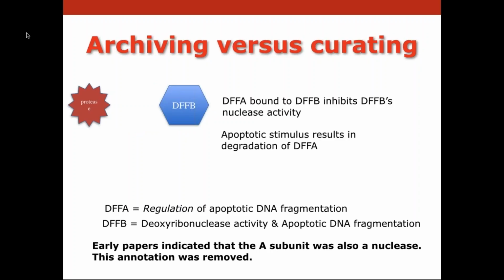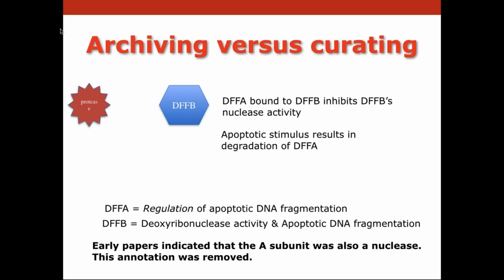Okay, so this is not a very complicated mechanism of regulation. So the A subunit is involved in regulation. The B subunit is a nuclease, right? It has the deoxyribonuclease activity.